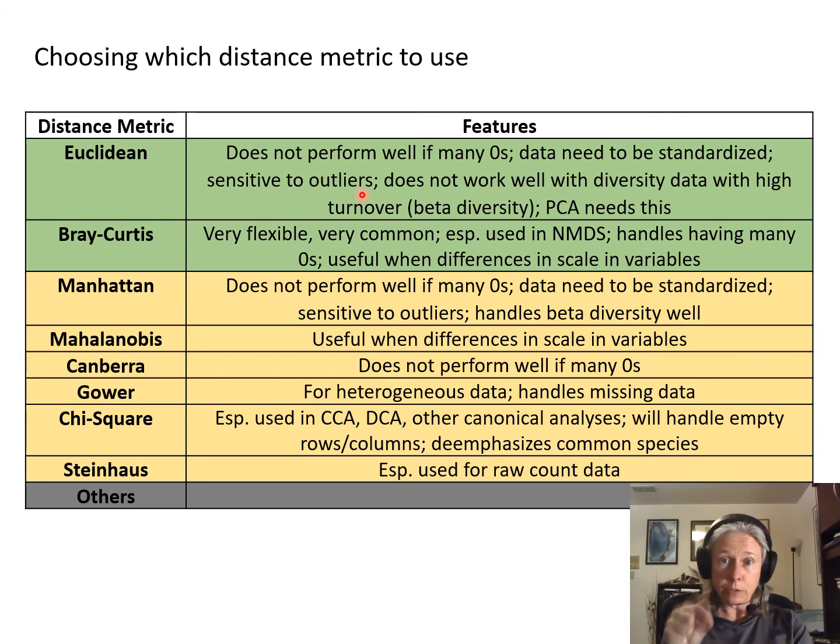So what I want to do now is go through examples of each of the 4 forms of ordination that we will cover in the coming weeks. These are just examples, just to show you the kinds of ordination plots that you'll be seeing a lot of, and then how you interpret them.